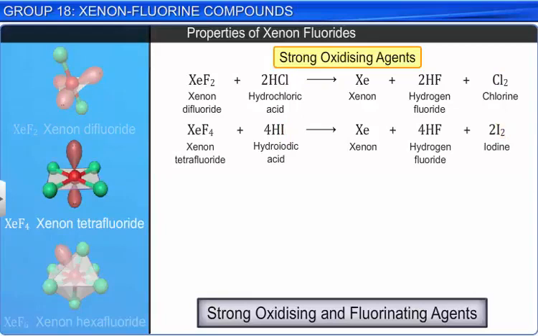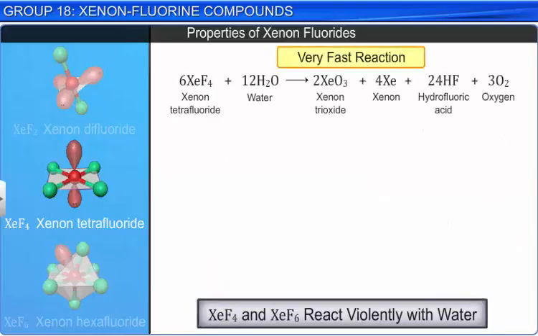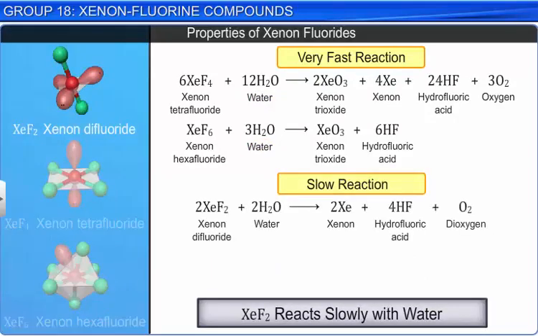Similarly, xenon tetrafluoride fluorinates platinum and sulfur tetrafluoride, as shown by these chemical equations. Xenon tetrafluoride and xenon hexafluoride react violently with water, while xenon difluoride reacts slowly with water.